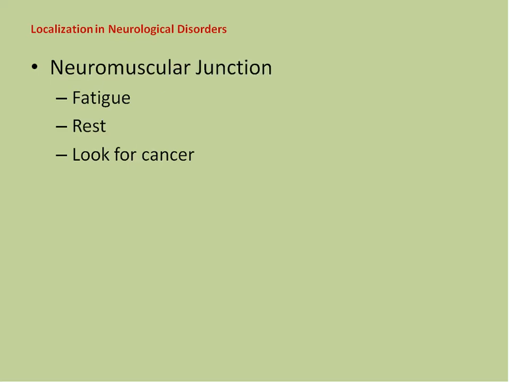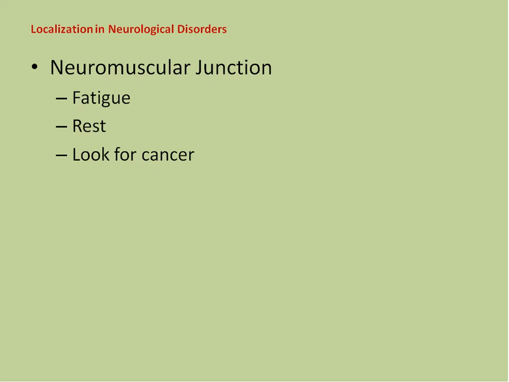Come down further, neuromuscular junction. As we know, the neuromuscular junction is the area where the nerve terminates on muscle fibers. And the classic finding for this is fatigability, improved with rest.